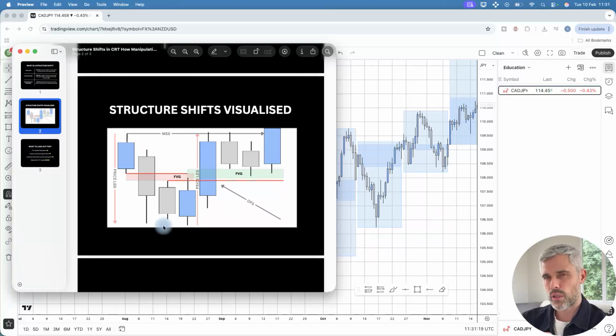So for continuations, we're looking for a fill of this internal range liquidity and then the next candle to distribute lower. But what happens? We get bullish aggression into this bearish price leg. In doing so, we create new order flow. So we have sell to buy, inefficiency in price between candle 1 and candle 3.